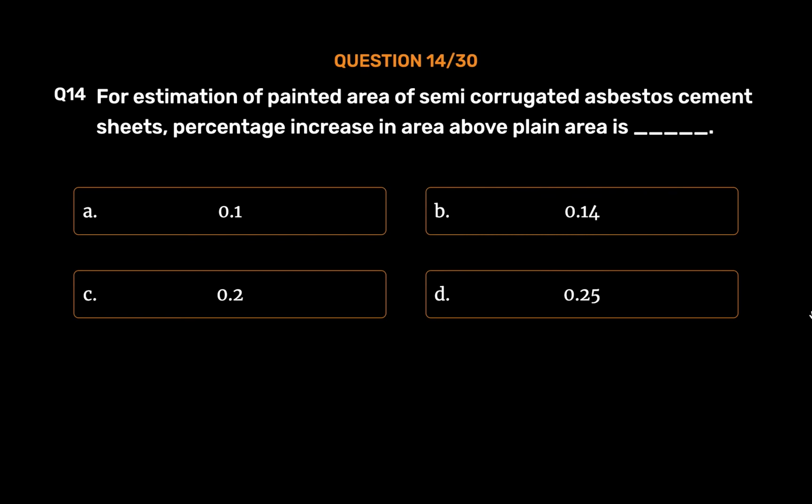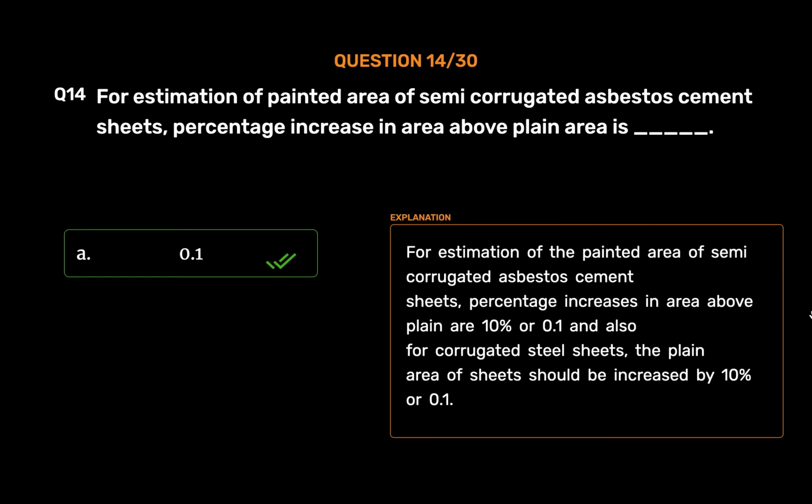The correct answer is option A, 0.1. Percentage increase in area above plane area is 10% or 0.1, and also for corrugated steel sheets, the plane area of sheets should be increased by 10% or 0.1.